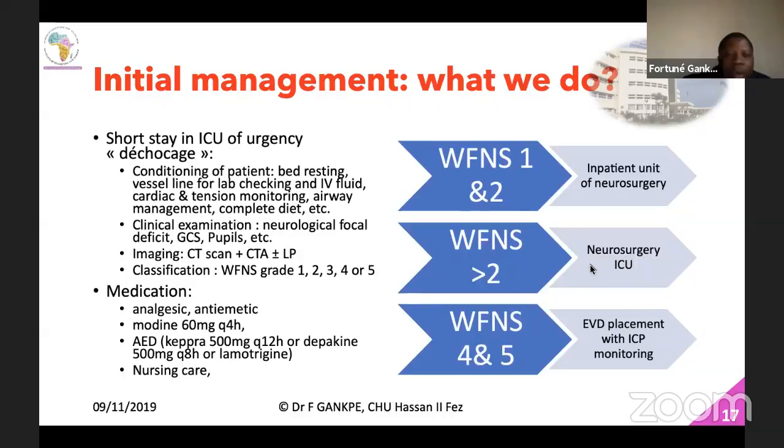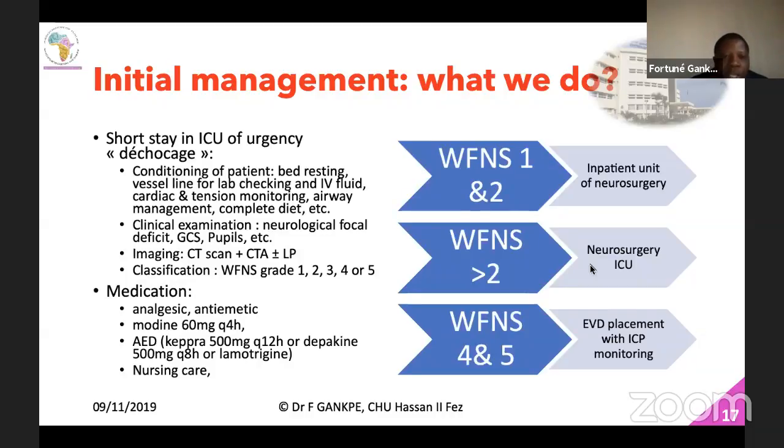In our department, all patients were admitted on short stay in the emergency ICU, which we call déchocage, for the condition of the patient, bed resting, vessel and so on, clinical examination to find neurological focal deficit, GCS, pupils. We perform imaging, CT scan and CTA.